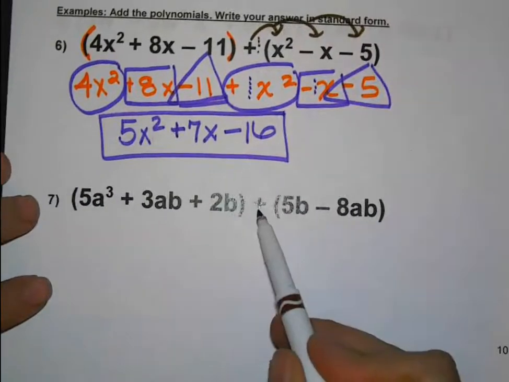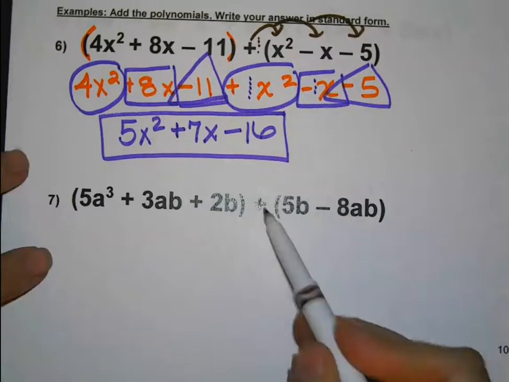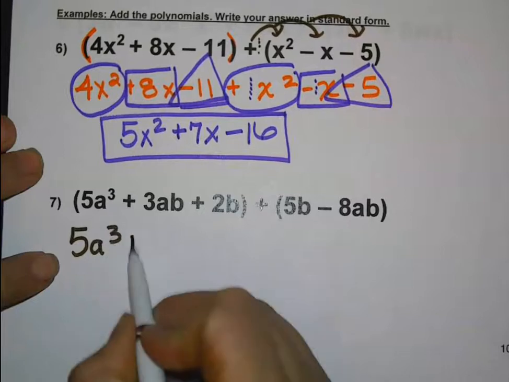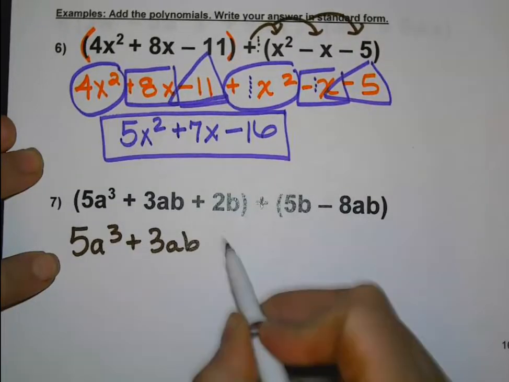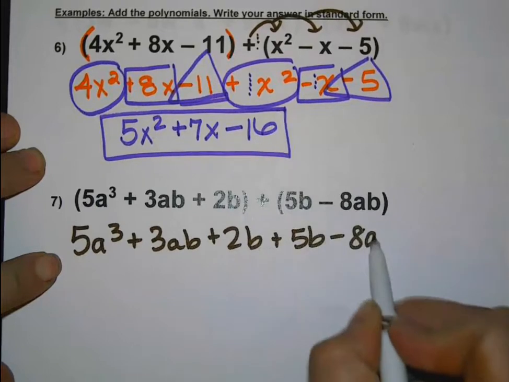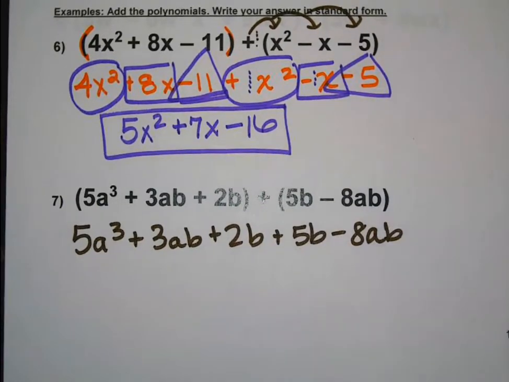So when we look at this, in between the parentheses, there's an addition symbol. So we can literally ignore the parentheses and think of this as one big giant addition problem. And then we can combine terms if they match.